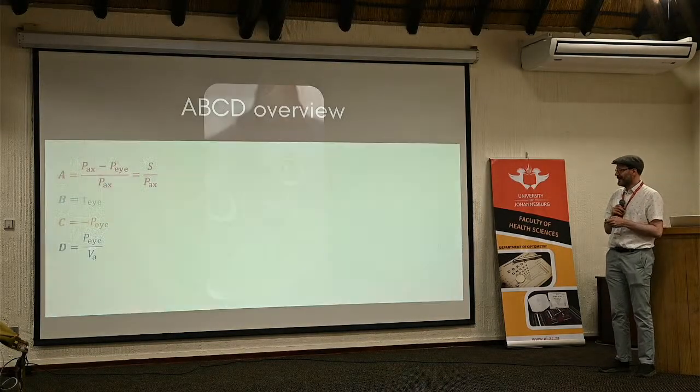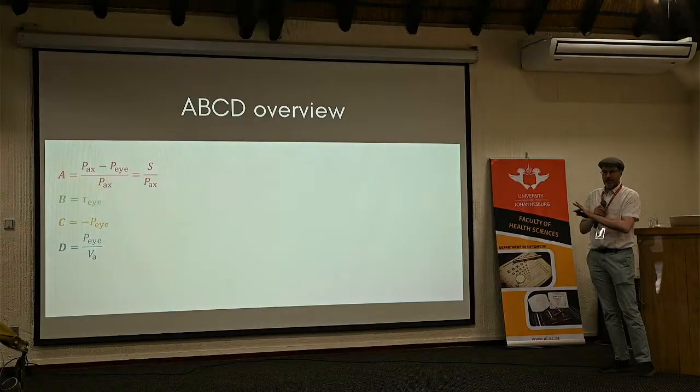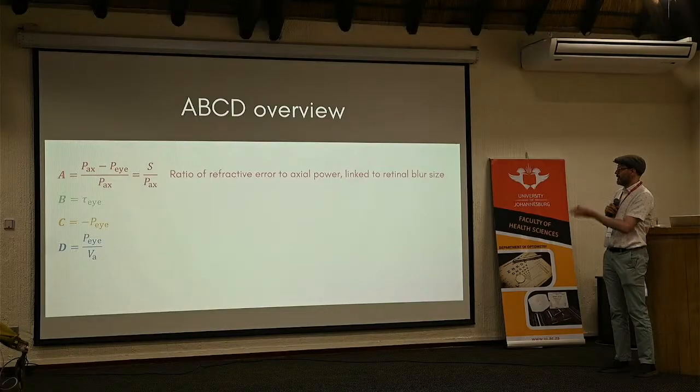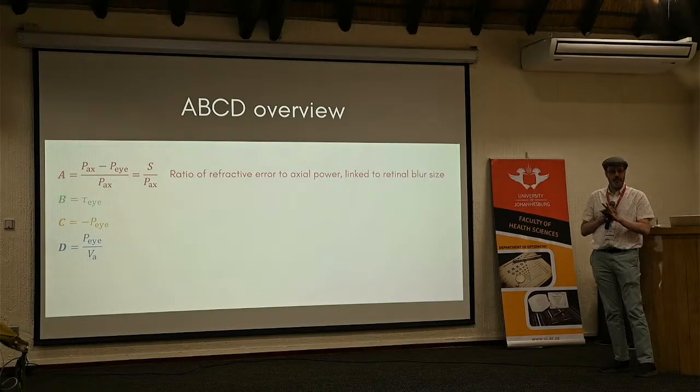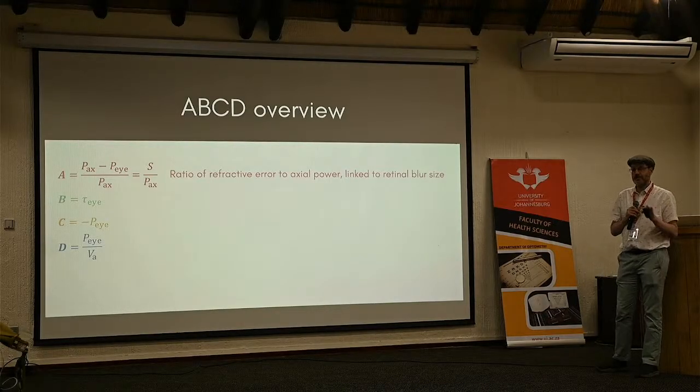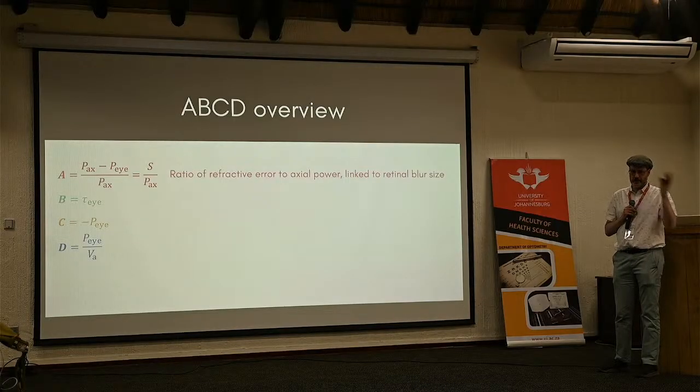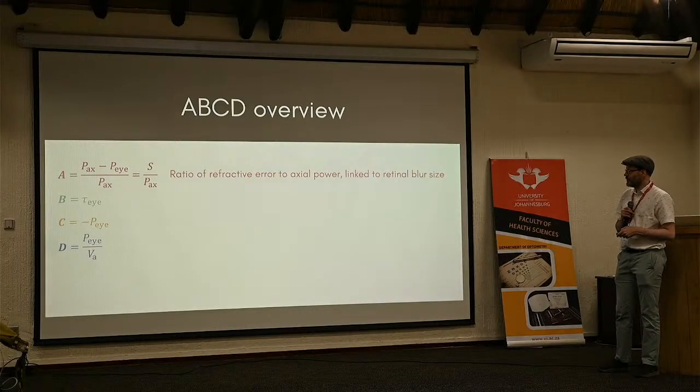Okay. So a little overview. We have the A, which corresponds to the ratio of the refractive error to axial power, and which I already mentioned is linked to the retinal blur size in a different paper. It takes me a bit longer to explain that, but you can look it up.